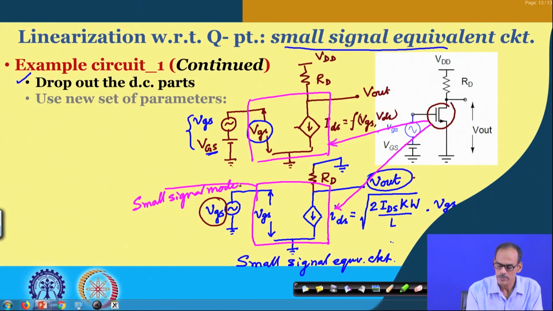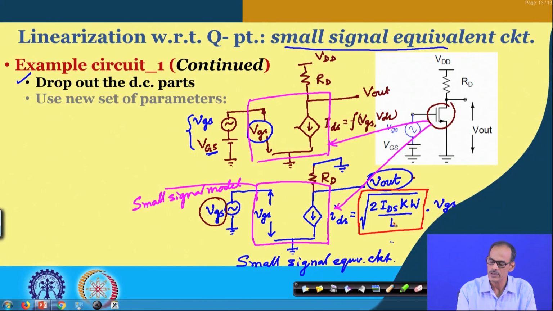Now, if you look at this model and this model, here we have one factor. This factor depends on the size of the transistor, on the device parameters, and also on the operating point. Say this is one parameter called GM. Why GM?